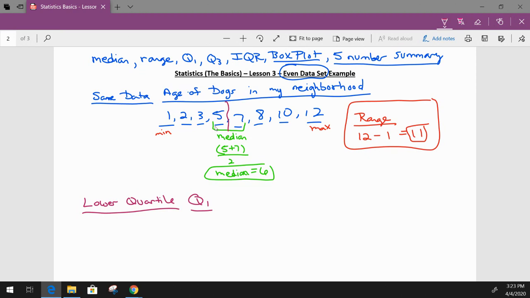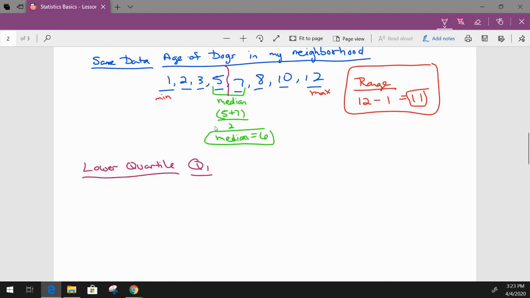So your lower quartile will be the median of the lower half of the data, which is 1, 2, 3, and 5. There's an even set of numbers, so I have to find the average of those 2 middle numbers. So 2 plus 3 is 5 divided by 2, so Q1 is going to equal 2.5. So that's my lower quartile.